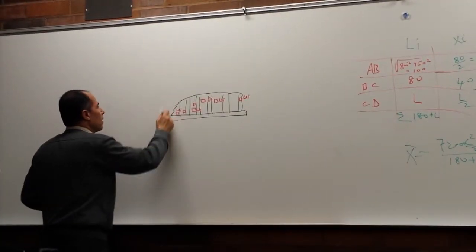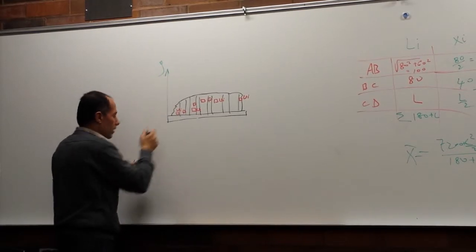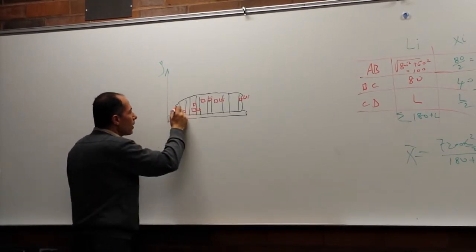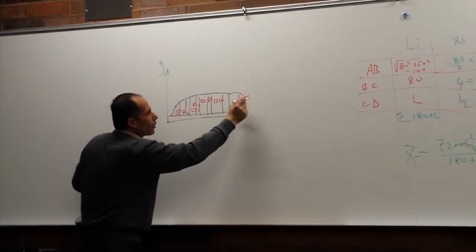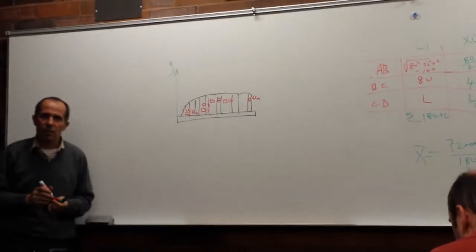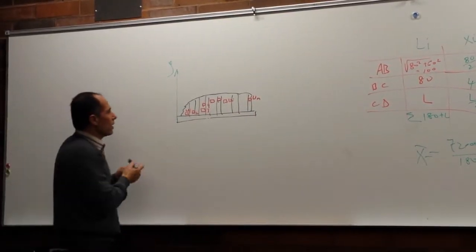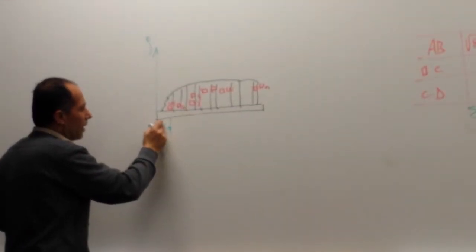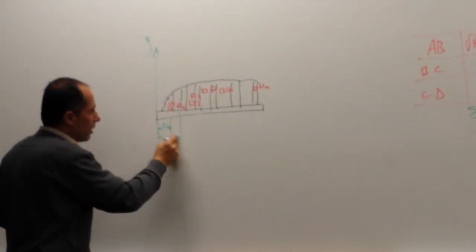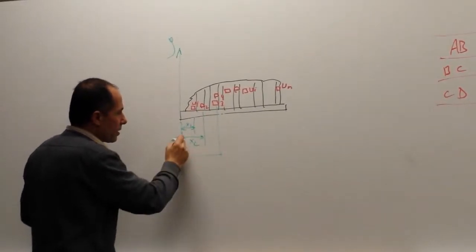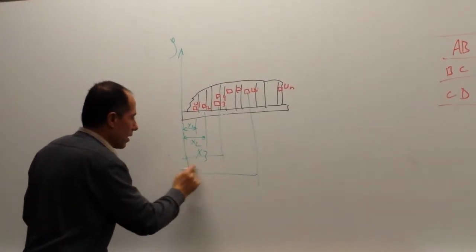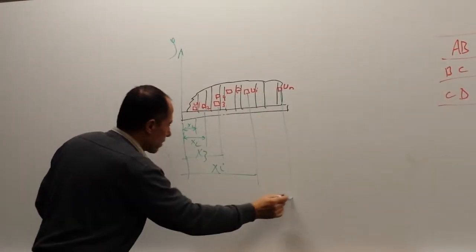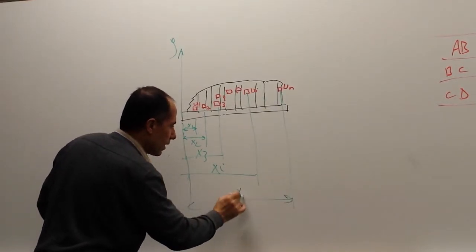So in real life, this is the y-axis, and call these W1, W2, W3, W4, Wi, Wn. Then this one has x1, this one has x2, this one has x3, this one has xi, this one has xn.